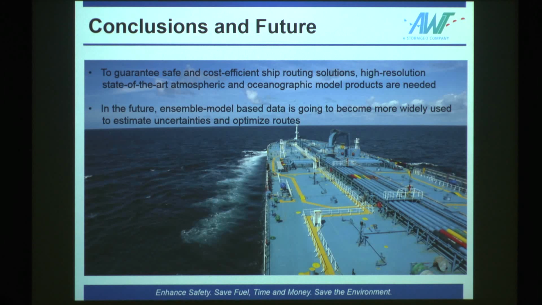Then we've looked into ocean and tidal currents, and also some ice-related data. And I think a safe conclusion is to say that to guarantee safe and cost-efficient ship routing solutions, high-resolution, state-of-the-art atmospheric and oceanographic model products are needed. That's for sure. And moreover, the demands for data are increasing all the time. The shipping companies want more data from us, and we need to be able to provide that.